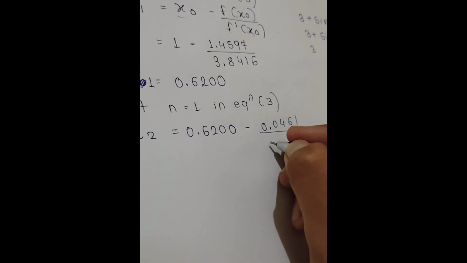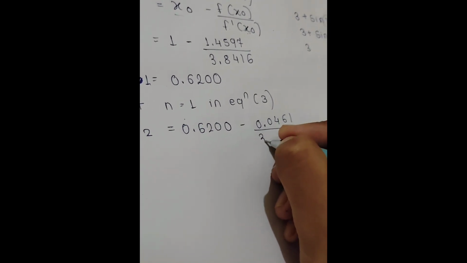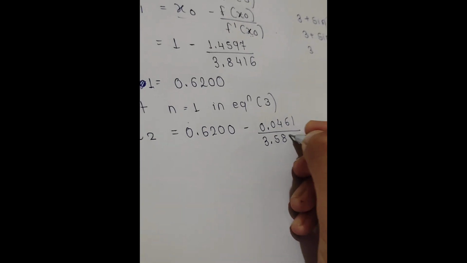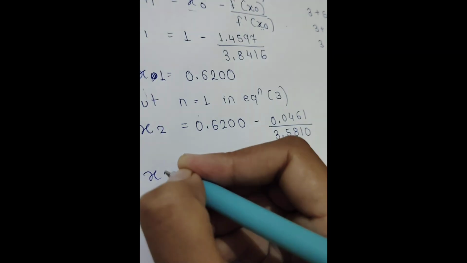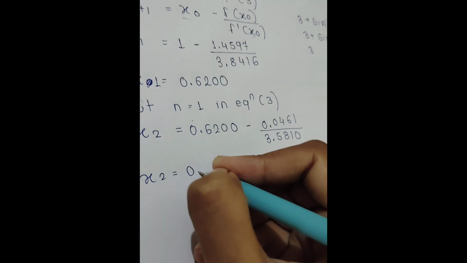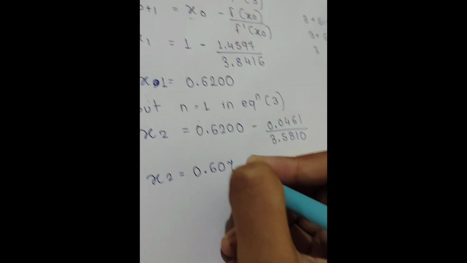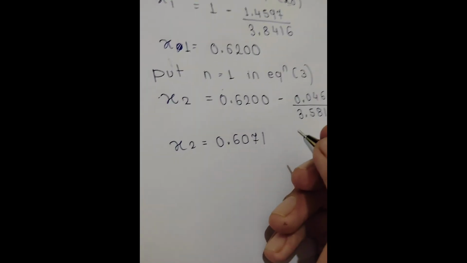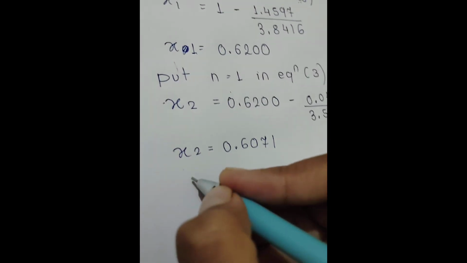Then we get the answer 3.5810, and by solving this we get x2, which is 0.6071.